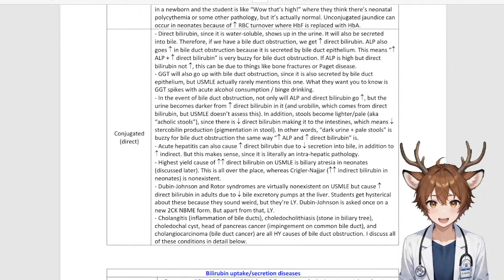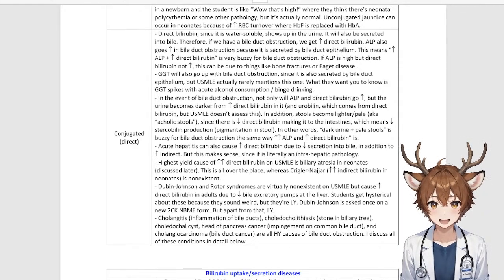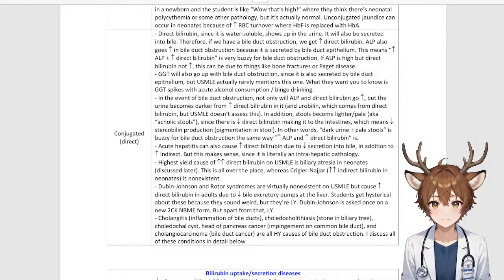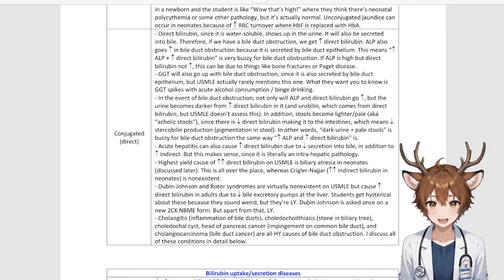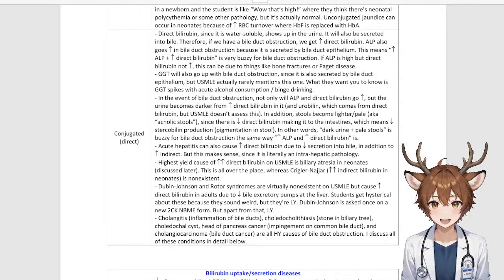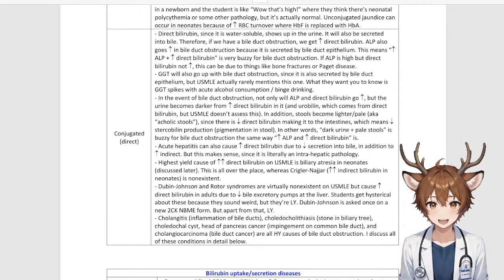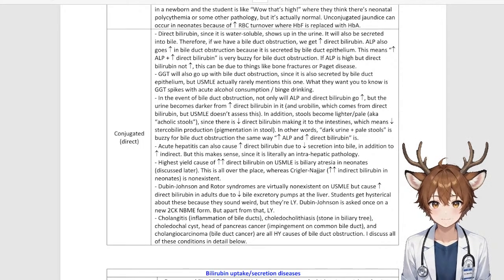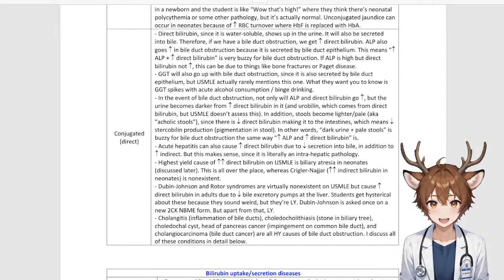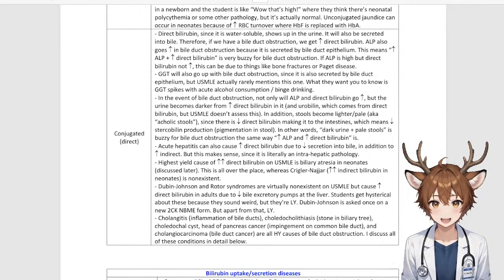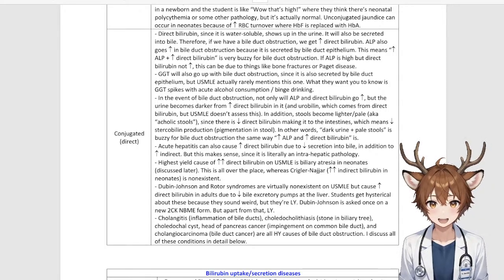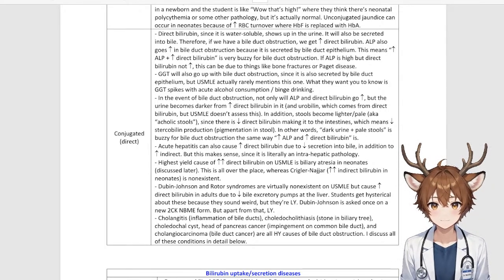In the event of bile duct obstruction, not only will ALP and direct bilirubin go up, but the urine becomes darker from increase in direct bilirubin in it, and urobilin, which comes from direct bilirubin, but USMLE doesn't assess this. In addition, stools become lighter, pale, aka acholic stools, since there is a decrease in direct bilirubin making it to the intestines, which means a decrease in stercobilin production, the pigmentation in stool.